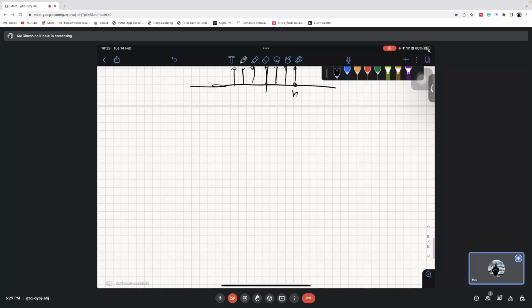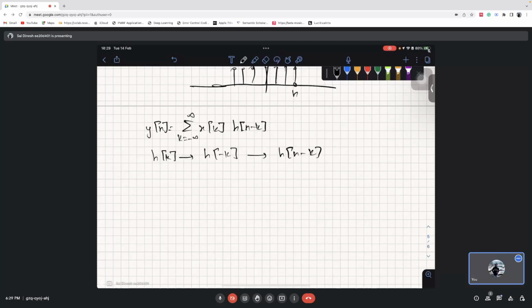What we need to find is y of n, which is the sum of x of k h of n minus k for k equal to minus infinity to infinity. It is like you take the impulse response, reverse it, and then shift it by n samples if you want y of n.